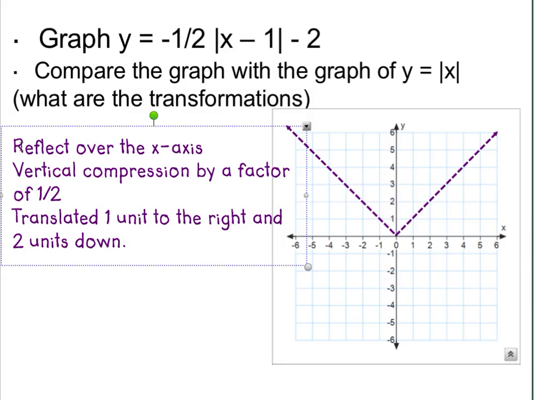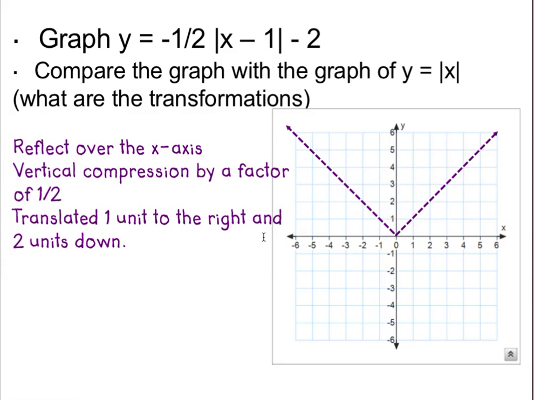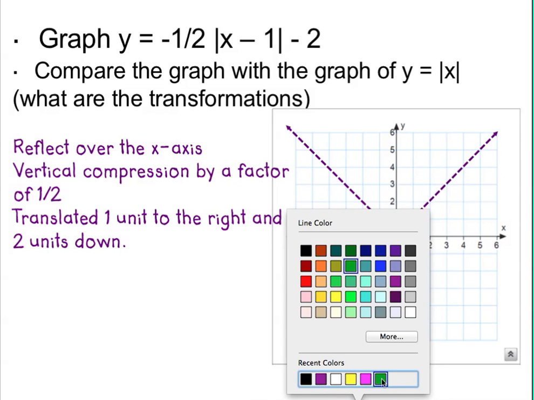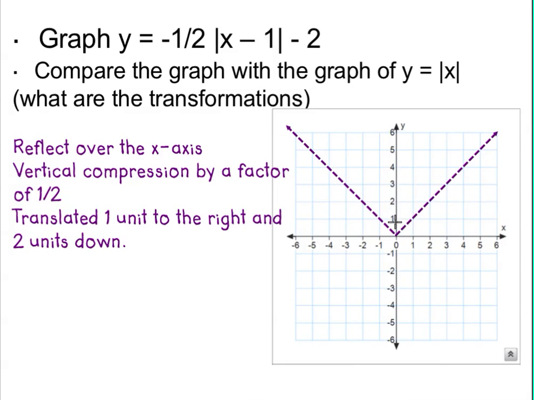So that makes it nice and easy for me to be able to put the graph on here. So if I choose this again, and I will make sure that it's a solid line, and it is, and I'll change the color, let's maybe do a green one. And so it's going to reflect over the x-axis, so it's going to open upside down.